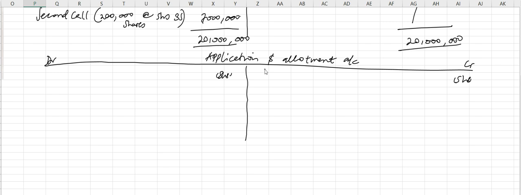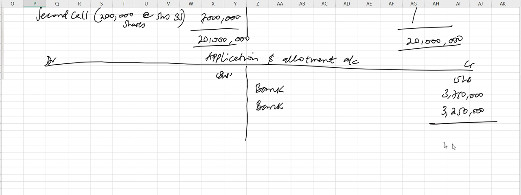So bank, that's application, 3,750,000 received. Then still bank on allotment, that is 3,250,000.